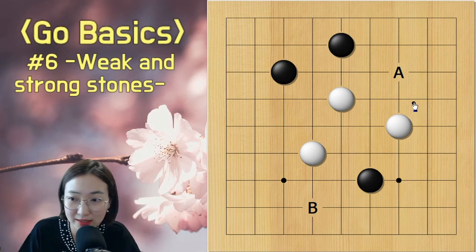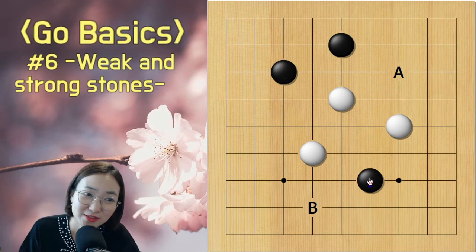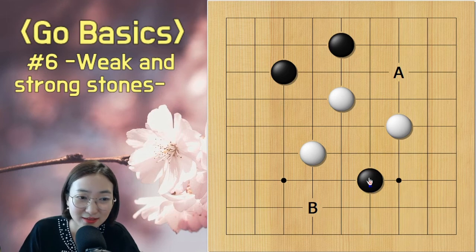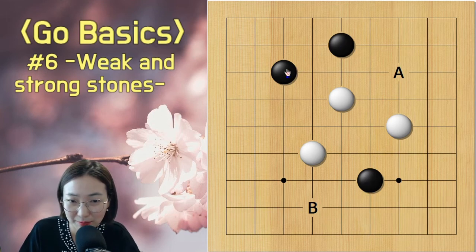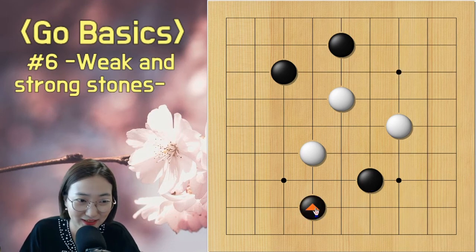Should black defend A or B? Which one is weaker? There are 2 stones or this 1 stone. We can tell just from the numbers. These are 2, but this is only 1. So the answer is B.